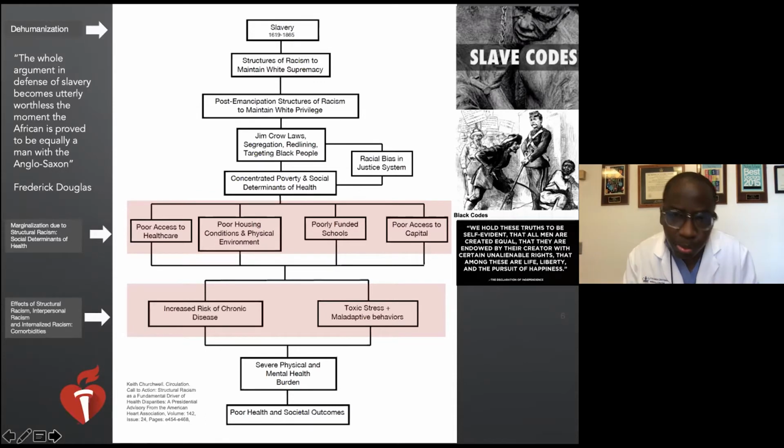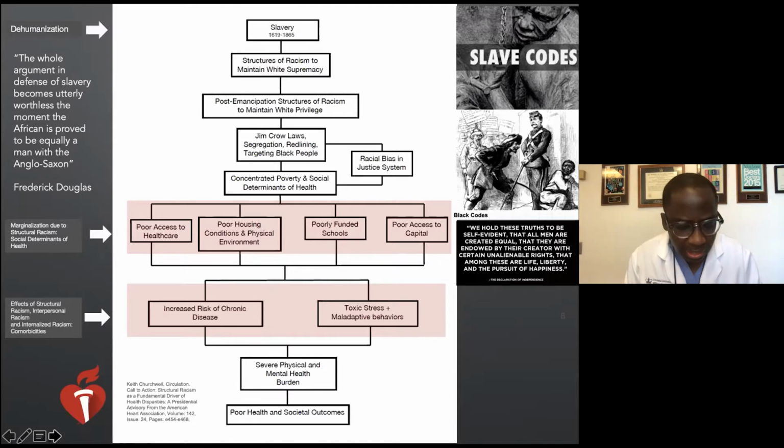The white supremacy in this country cemented itself over hundreds and hundreds of years. And simple emancipation was not going to undo the 100 years of conditioning that took place during the time of slavery.